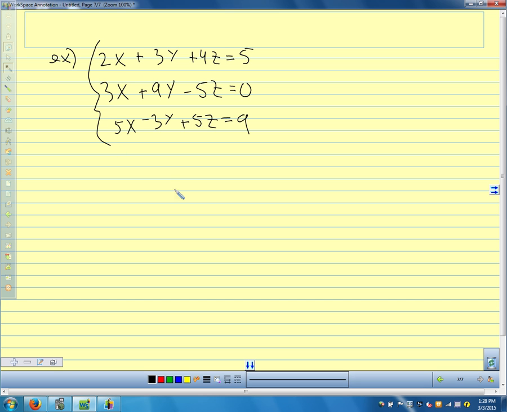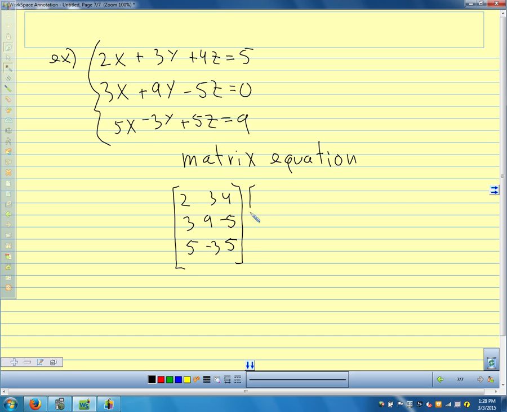So there's my system of equations. We're going to turn this into a matrix equation. So I'm going to write my coefficient matrix. And instead of writing an augmented matrix, now I'm going to write a matrix with my variables. And that's going to equal a column matrix with my constants.